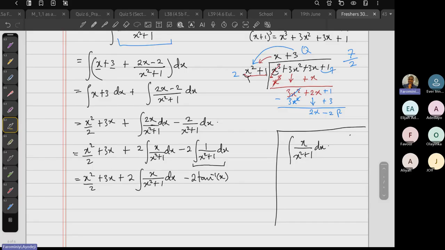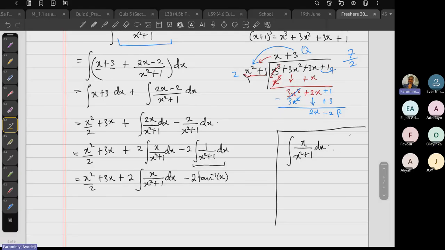What is the first thing that should come to your mind? Does anybody have an idea? So the integral of x over x squared plus 1. Use substitution. U substitution. With what u? What u should you use? X squared plus 1. Exactly.